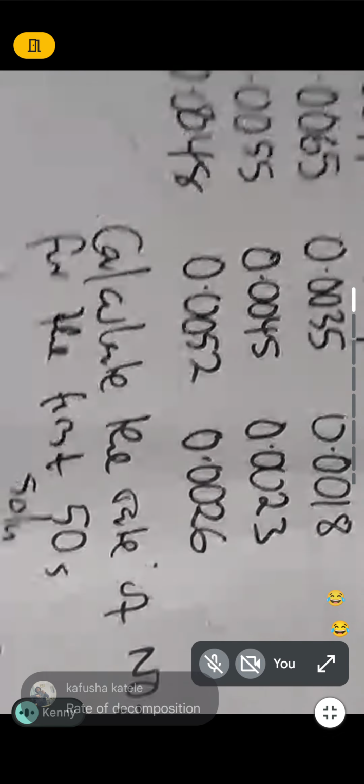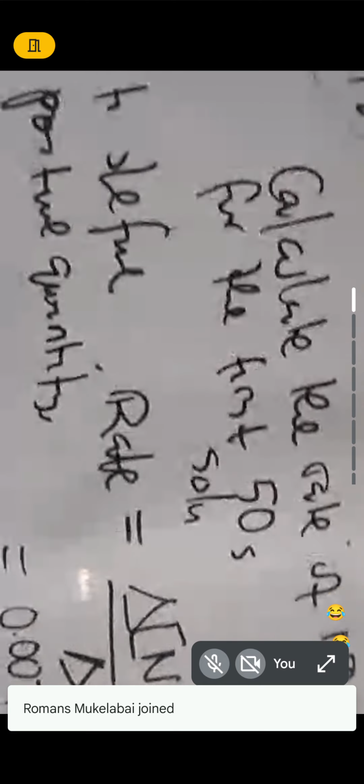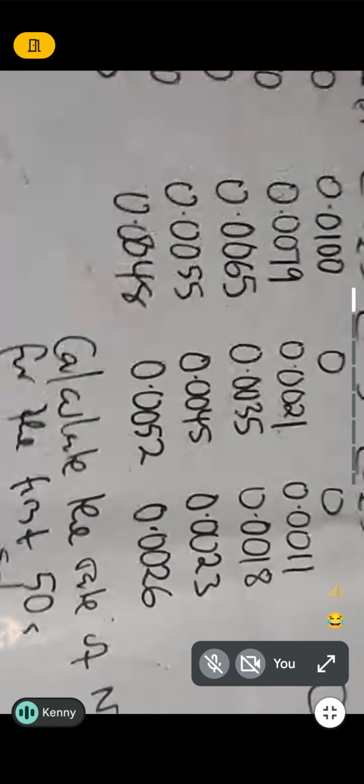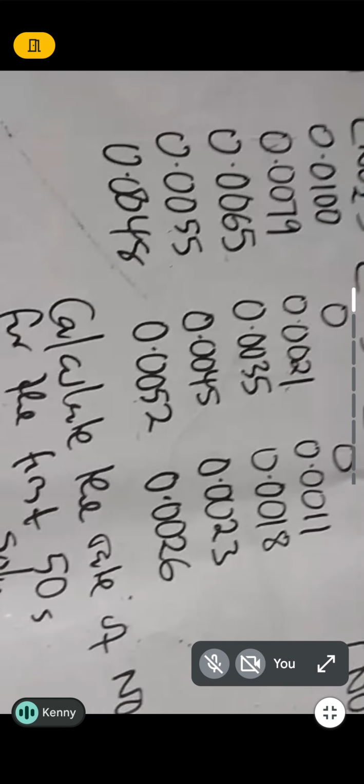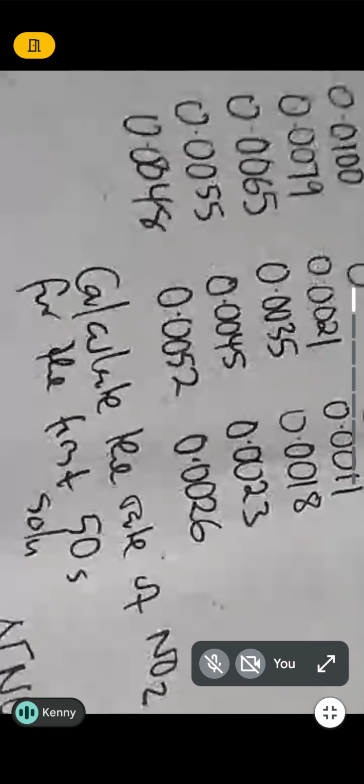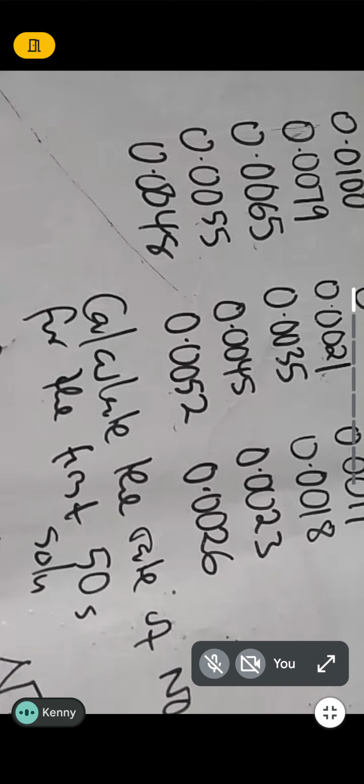Remember, we are saying rate can be positive or negative.